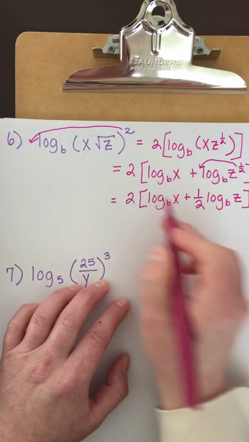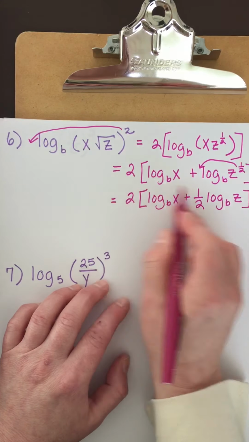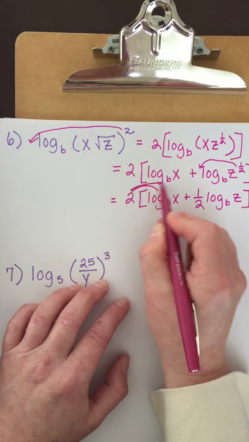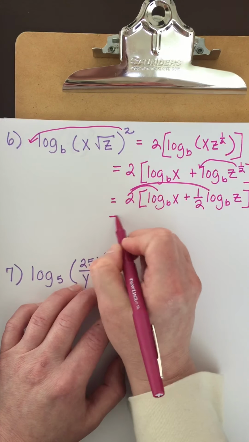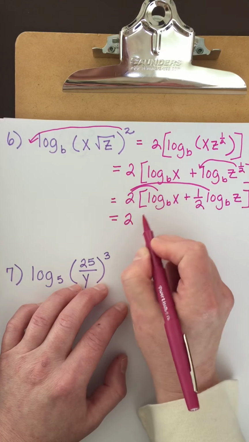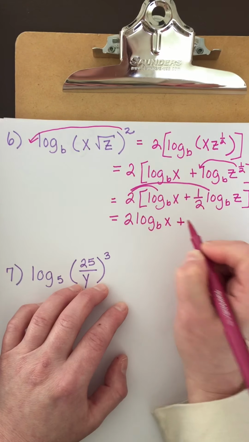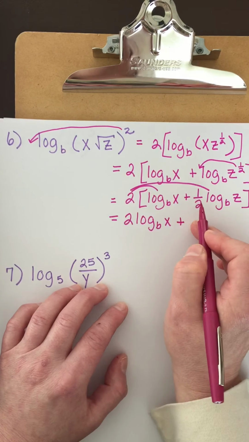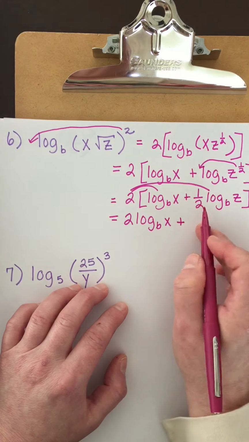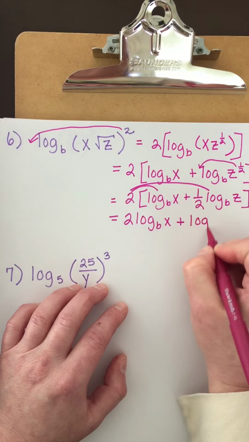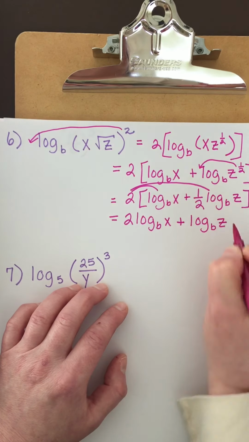There's nothing else I can simplify in here, so I'm going to use the distributive property and distribute that too. So that'll be 2 times the log base b of x plus, now here you have 2 times 1/2, which is just 1, right? So that would be 1 times the log base b of z.